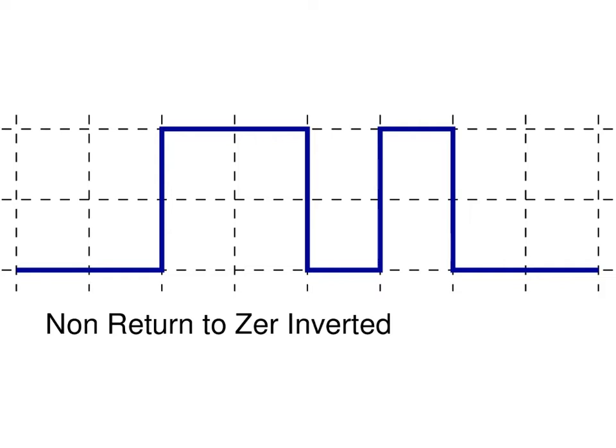Try and determine the data in this case yourself, just so you understand what's happening. This is using non-return to 0 inverted.